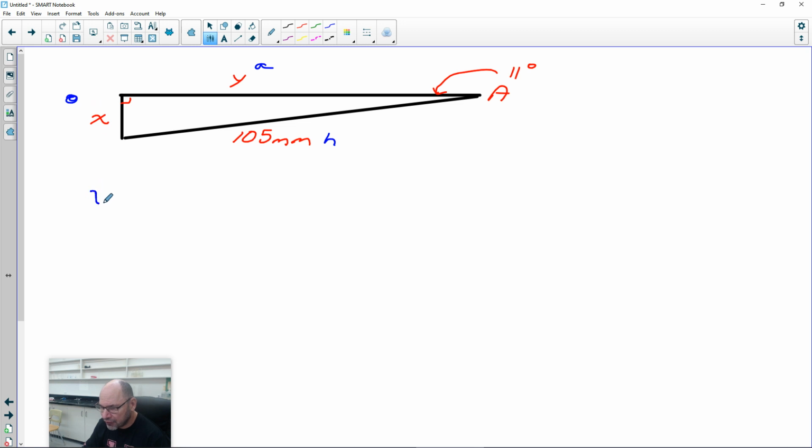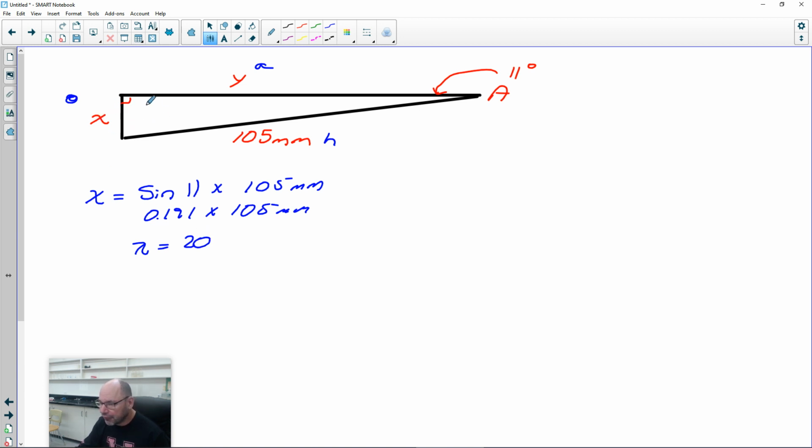So the opposite side, X, if you look up the formula, that's sine of the angle times the hypotenuse. Sine 11 is 0.191 times that. And that makes sense because we get a small number for that one, 20. If you look at the triangle, it looks smaller than that one for sure.